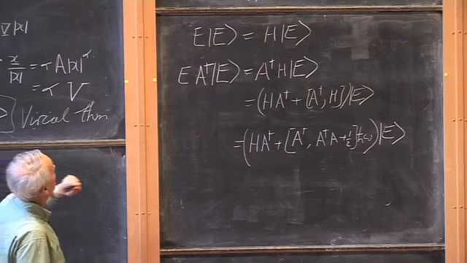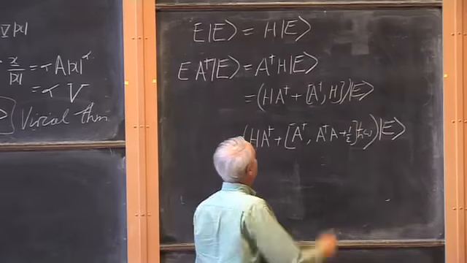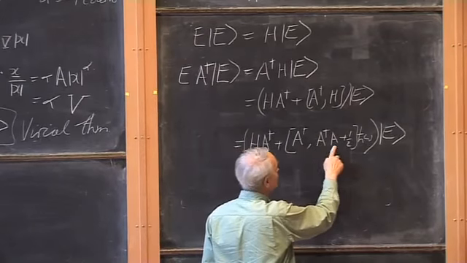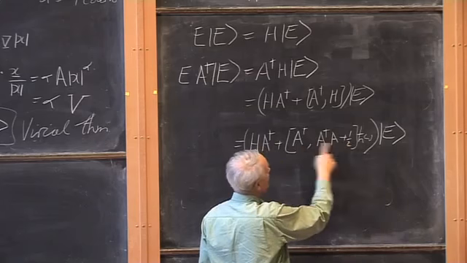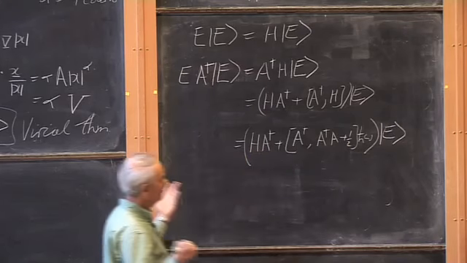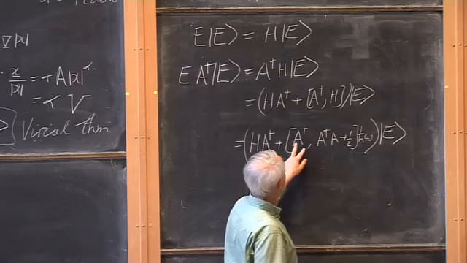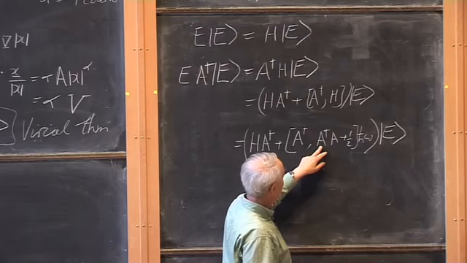Now I have to take the commutator of a dagger with this and with this. The commutator of a dagger with a half clearly vanishes because a half is just a number, not an operator. The commutator of a dagger with itself vanishes.